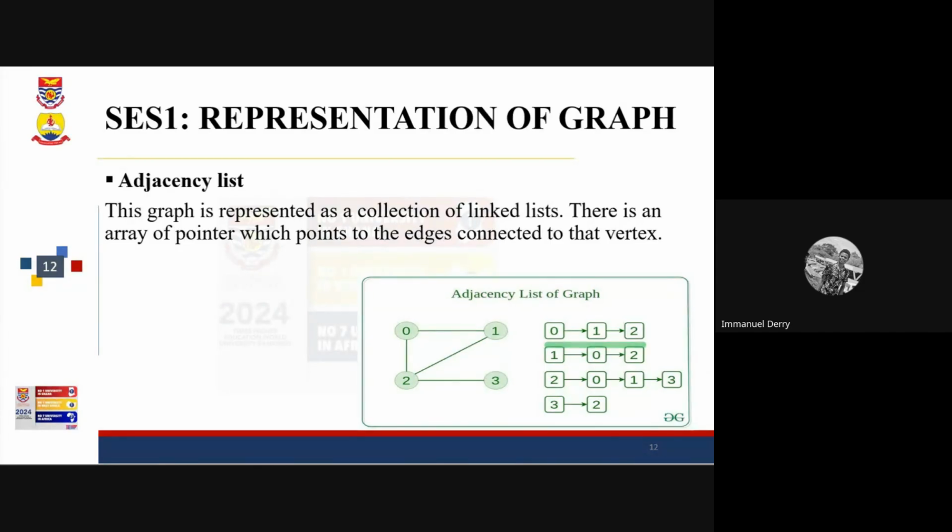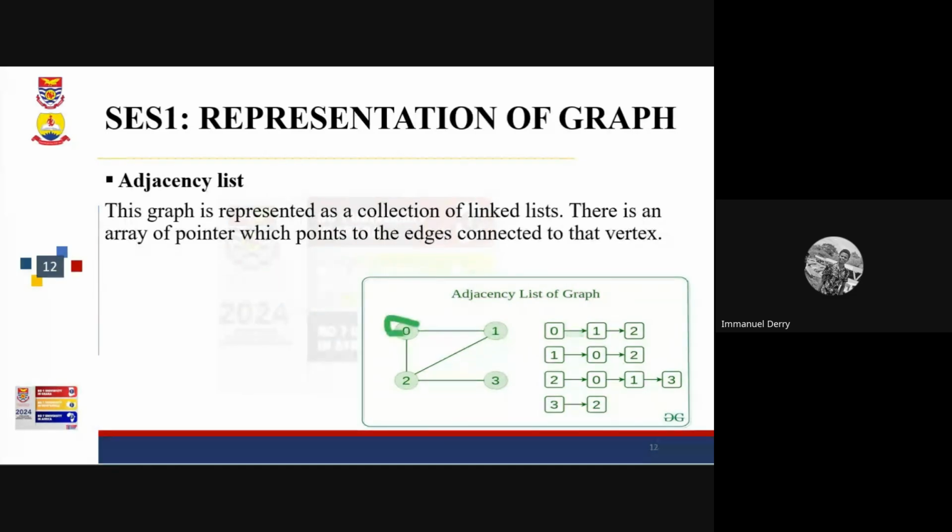Instead of getting them as rows and columns, please, I'll address your concern very soon, the one who sent the message. Instead of rows and columns, we just stand on one of the vertices, and we use a linked list to indicate from 0 which other nodes are connected to it. And this arrow is the pointer we are talking about.